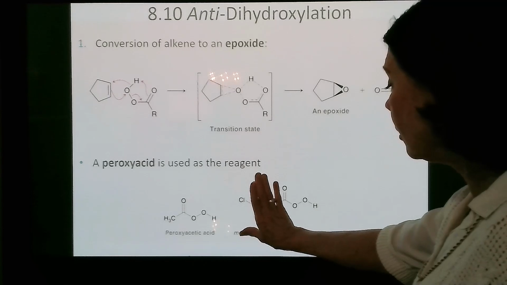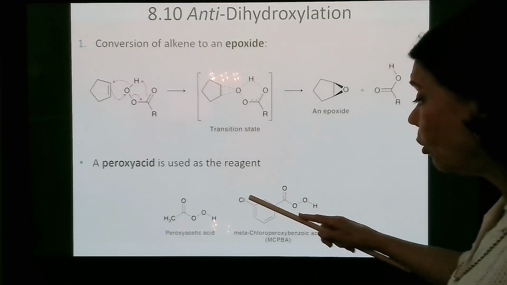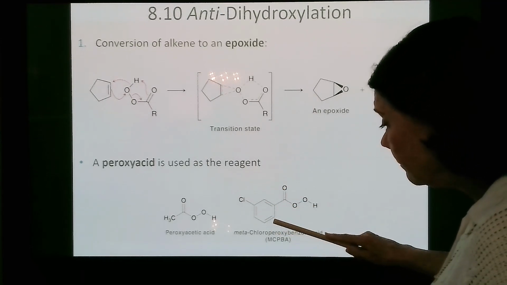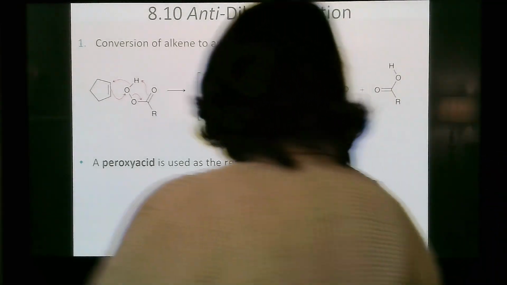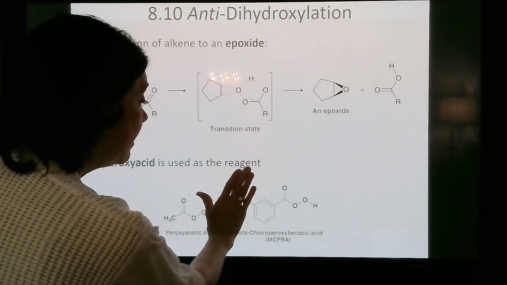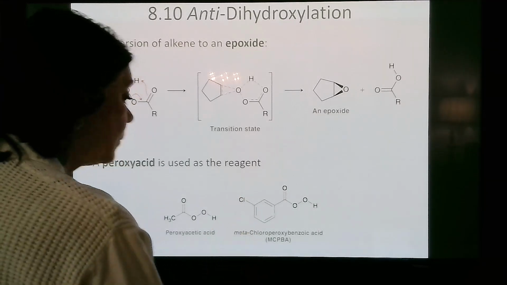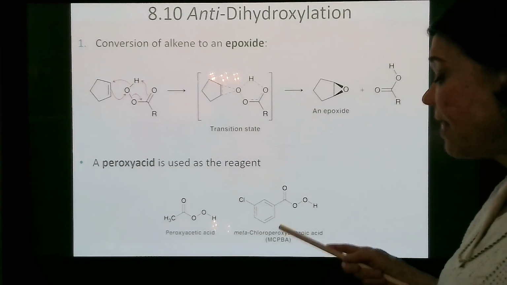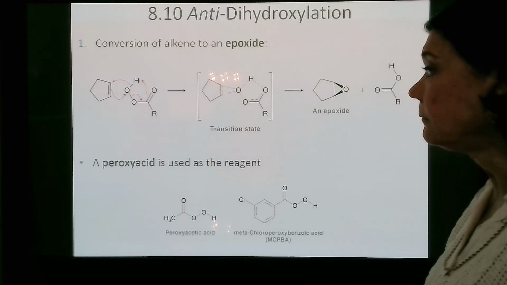There is your peracid right there. This would be the benzoic acid here, and this is the metachloro, chloro in the meta position. You'll learn that when we discuss aryl compounds.